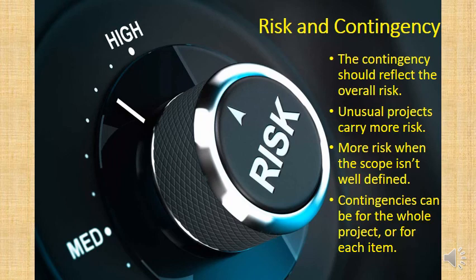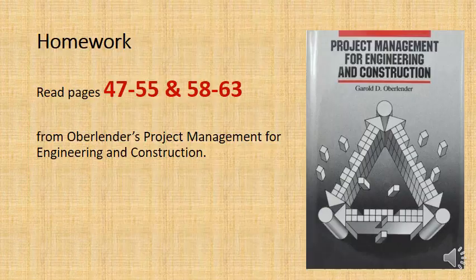And remember, I've been putting the contingencies down there for the whole project in the itemized estimate example that I gave you, but you could also have contingencies for individual items, and that can lead to a higher degree of accuracy in your estimate, but also a higher degree of complexity and time and energy put into the estimate.